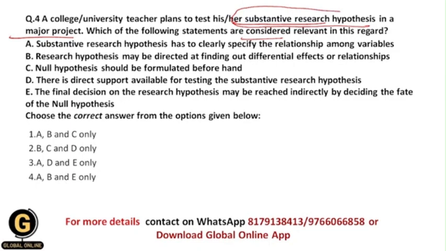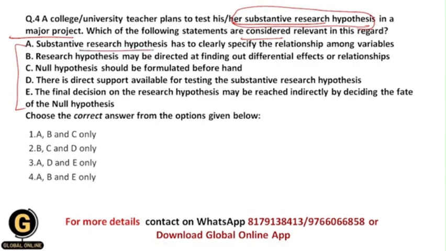Basically here he wants to test the substantive research hypothesis, and research hypothesis means alternative hypothesis. In this hypothesis we state, or we predict, that there is a relationship between the variables. Okay, so with regard to this hypothesis testing part, which of the following statements are correct?